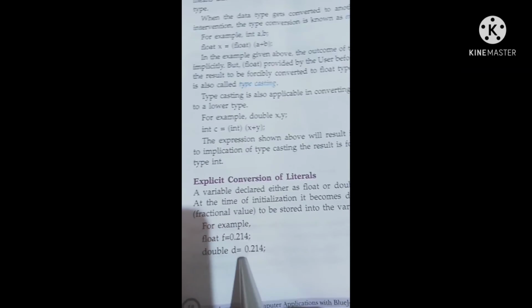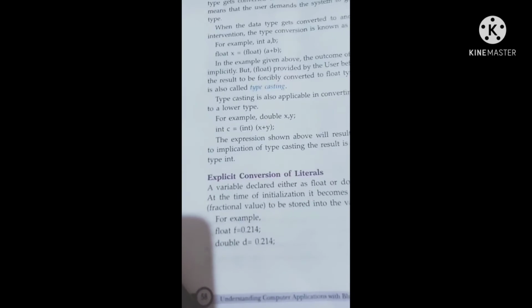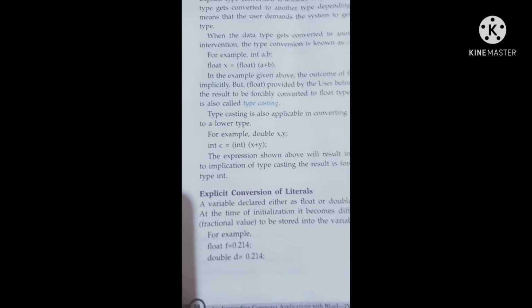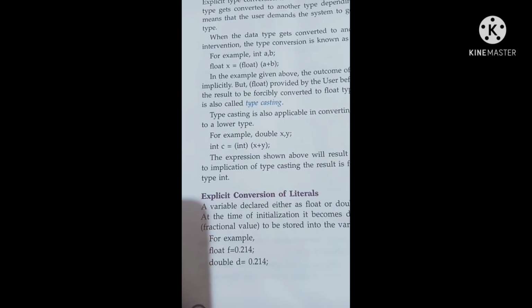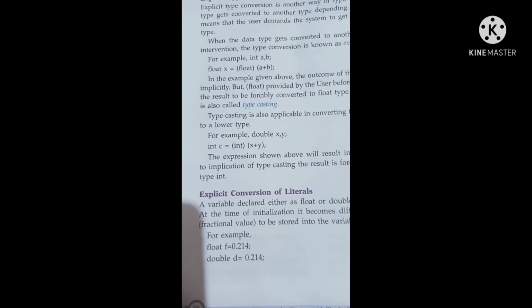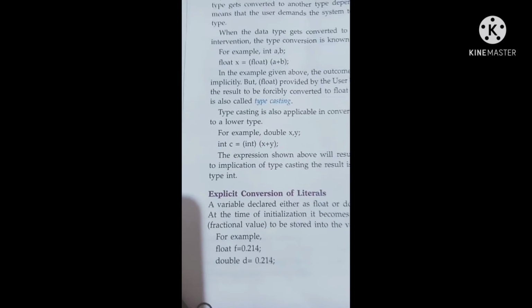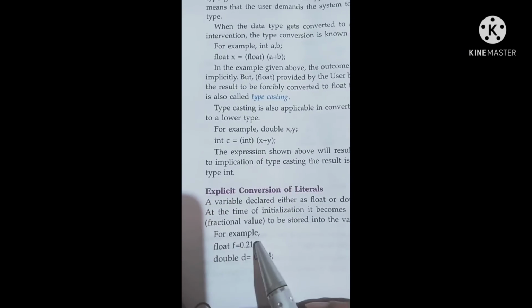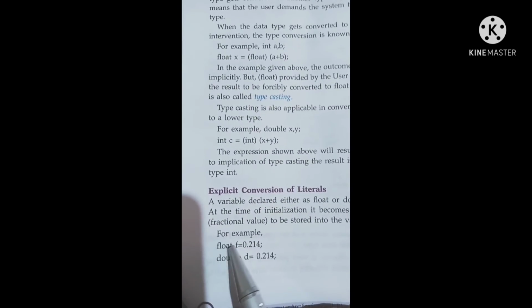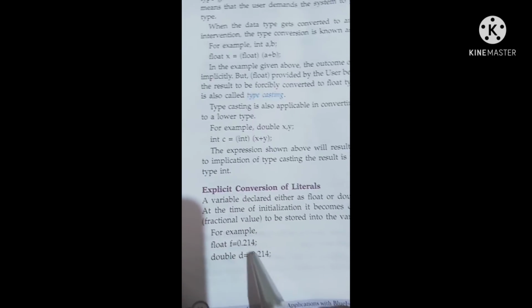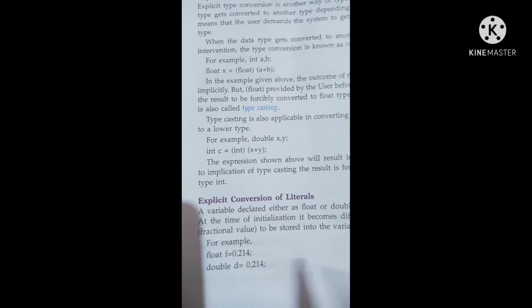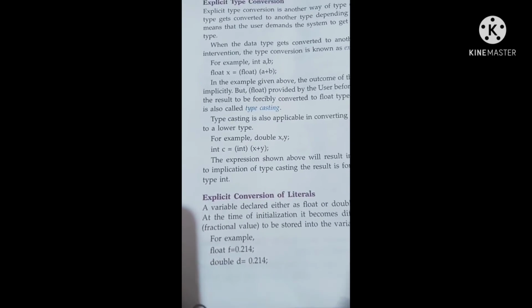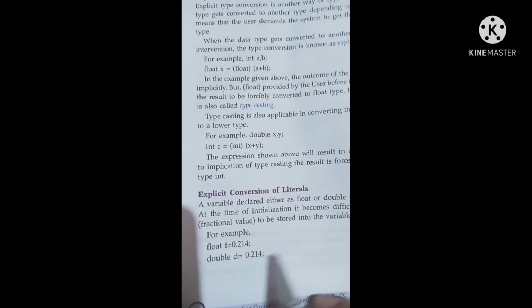Okay, so how can you understand, in the program output, whether this is a double value or a float value? If I see the program, then I can tell that this value is double by seeing the variable data type. But when I get the output, how can I say whether this is double or float?